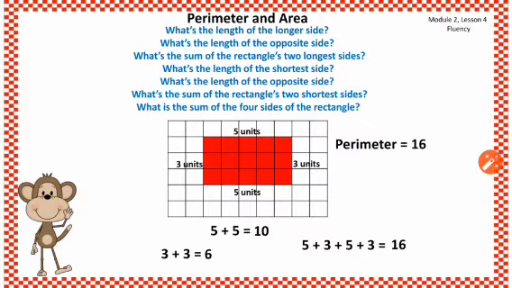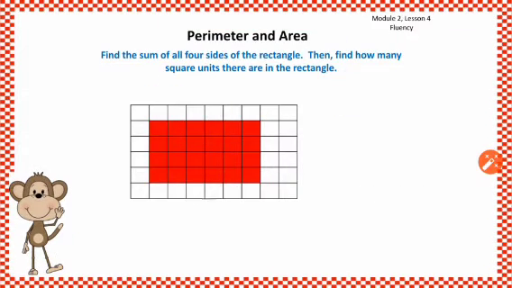Length times breadth, which is 5 times 3. And to give you what? To give you 15. So the perimeter is 16, while the area is 15. So the area of this shape is 15.